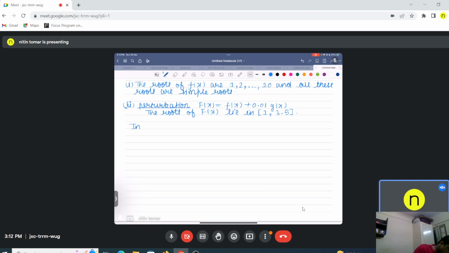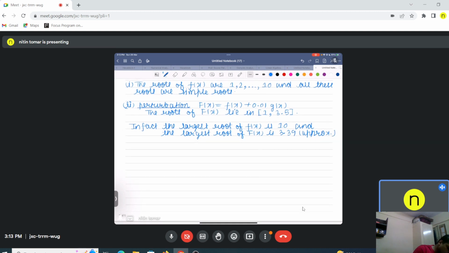In fact, the largest root of the original f(x), as we know, is 10, whereas the largest root of this perturbed polynomial is approximately 3.39 approximately. See, and what does it show?